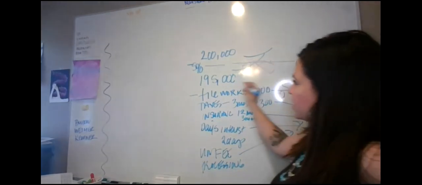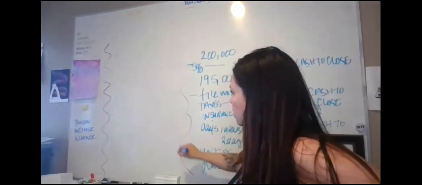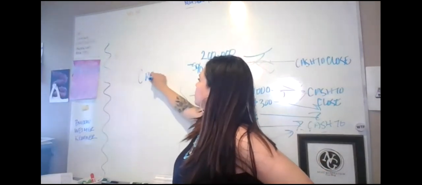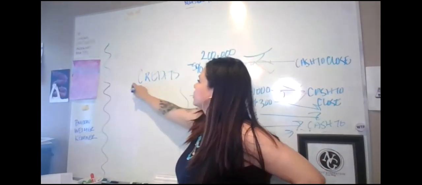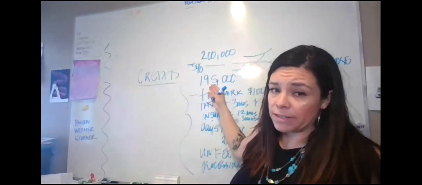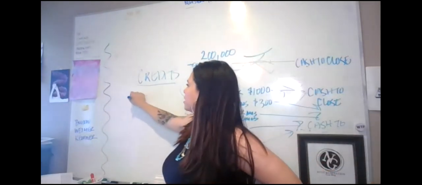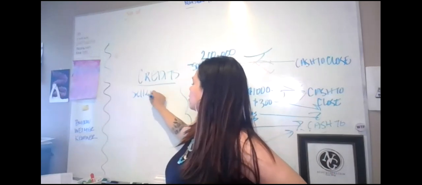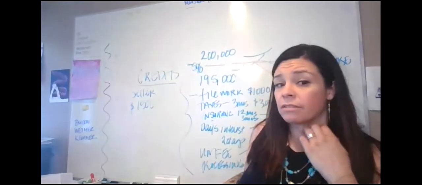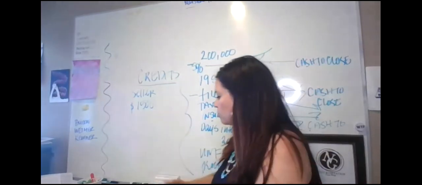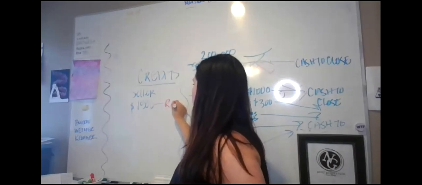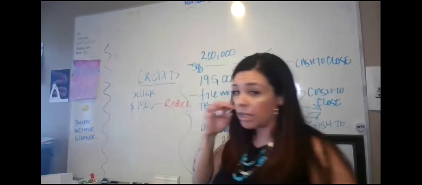Okay, this is offset by any credits. Okay, so this particular example is a purchase. So you might have a seller credit of $1,500. Okay, so that is going to reduce the cash to close.